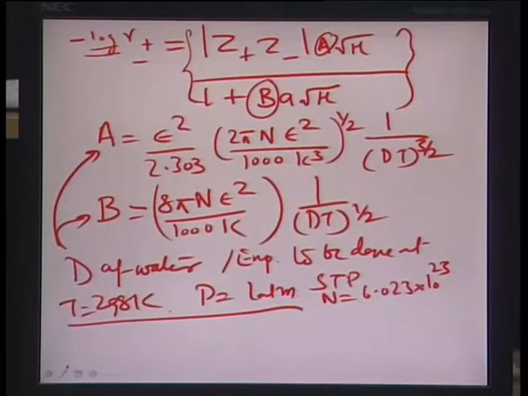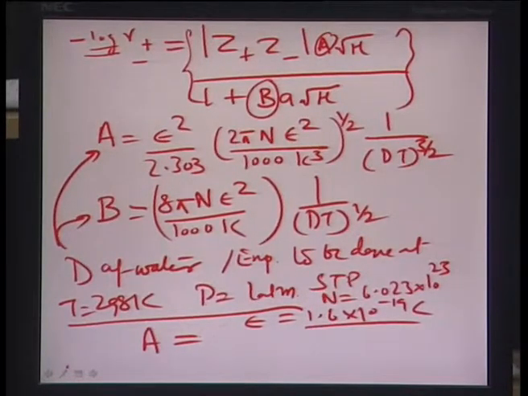So, therefore, we can calculate the values of A and B. Also, the e here is 1.6 times 10 to the power of minus 19 coulomb, the charge of 1 electron. So, the A encompasses all these constant values. You have the Boltzmann constant k, you have 1000 N, you have e square, and you have the dielectric constant for water and temperature 298 Kelvin.